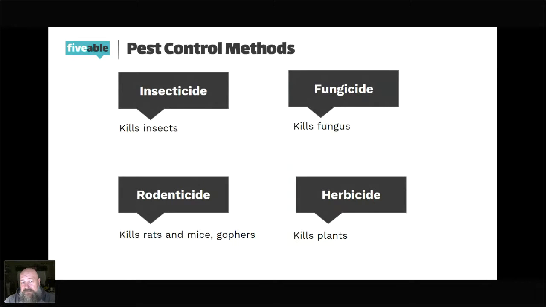Fungicides kill fungus. Rodenticides kill rodents, rats, mice, stuff like that, gophers. We had a gopher problem when I used to live in Canada. And then, of course, herbicides will kill plants. There is another one that is just called a pesticide, and it is usually combinations of different things that you can spray on there for just a large variety of pests.